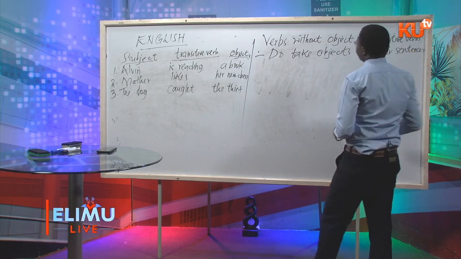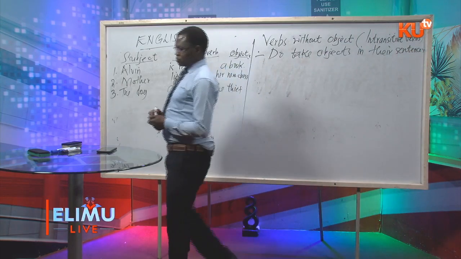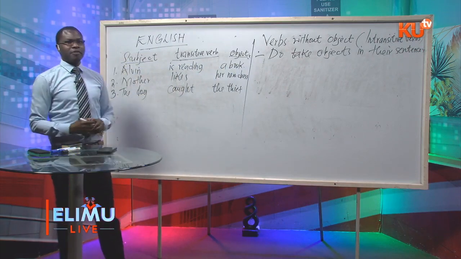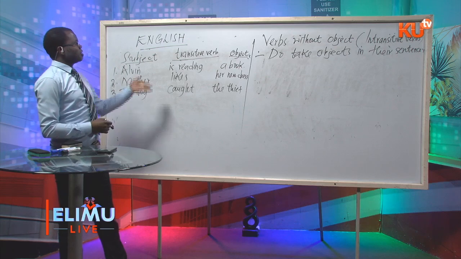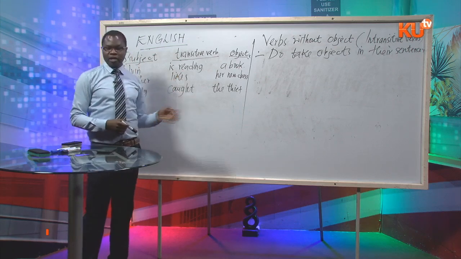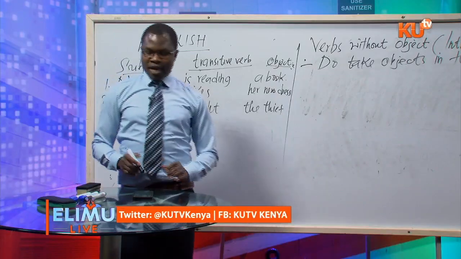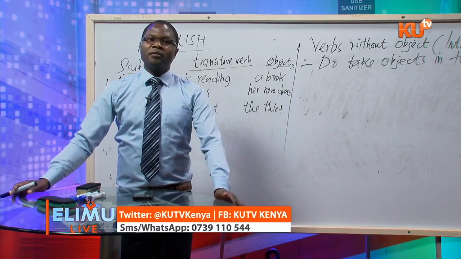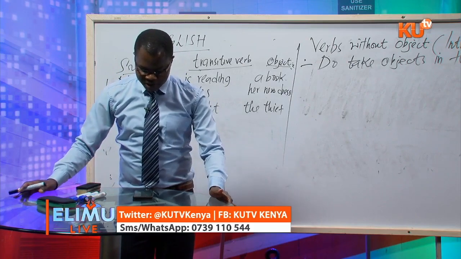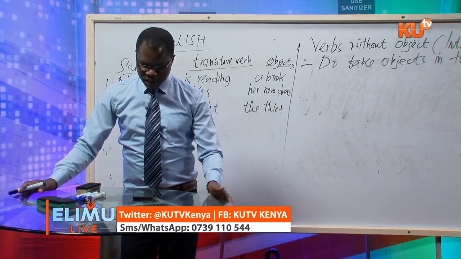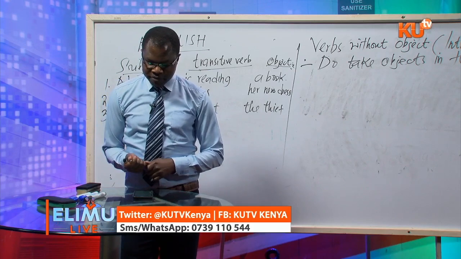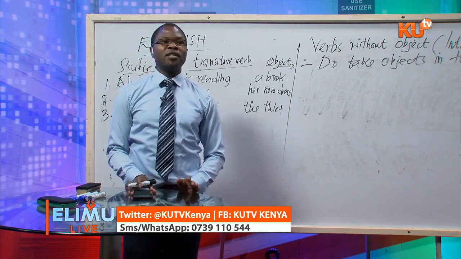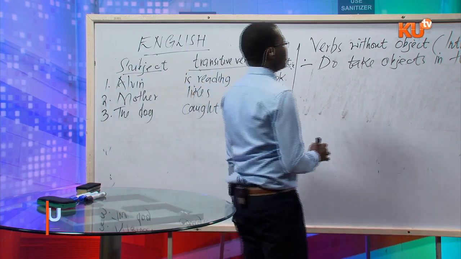An object is not there. The way we have demarcated this for transitive verbs, that they have the subject, the transitive verb, and finally an object, verbs that do not have objects are just that way, and I'll be giving examples of the same. Some verbs do not have an object.